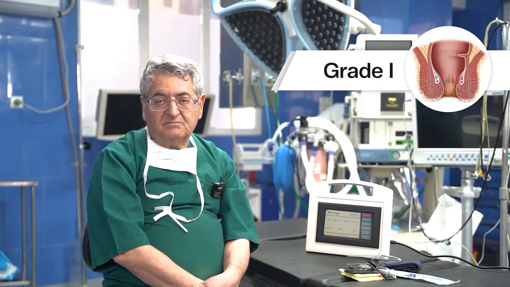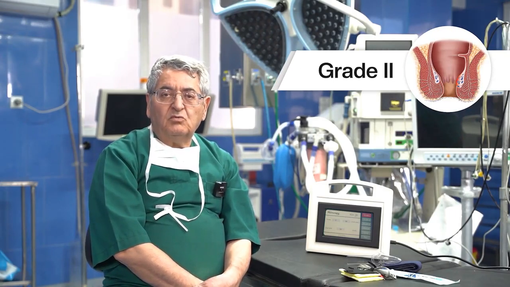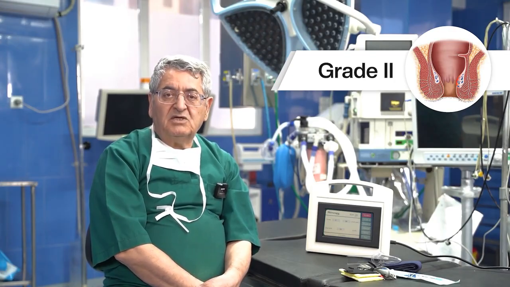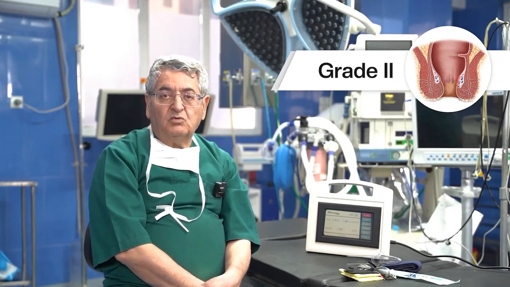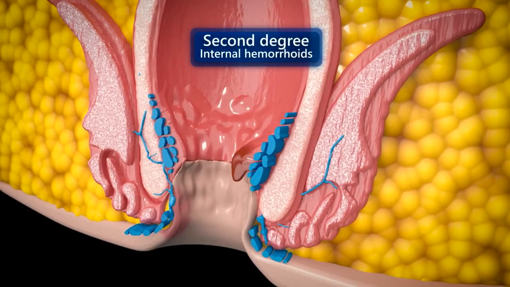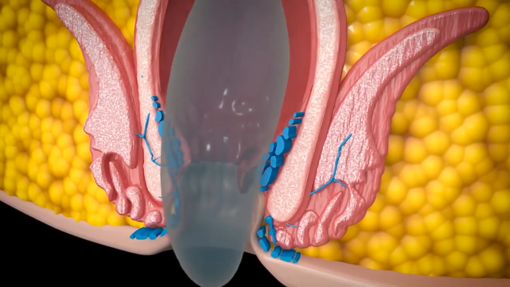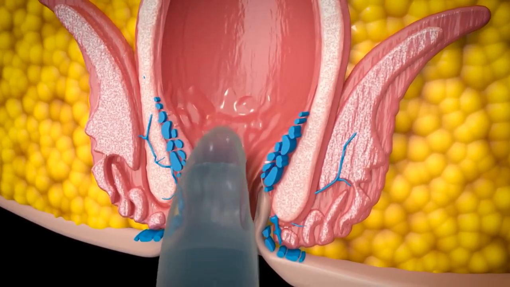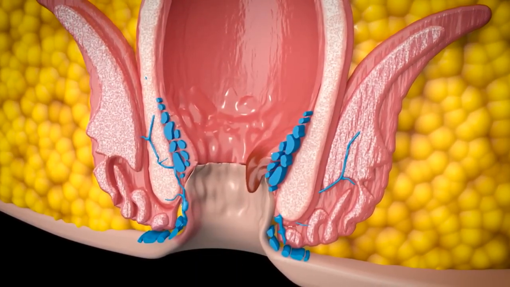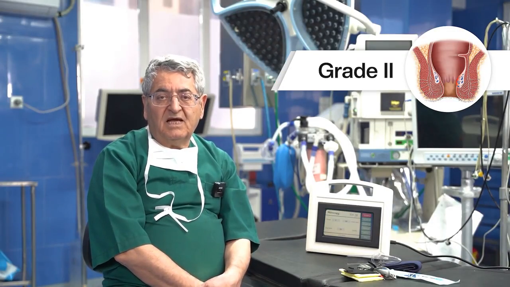to notice. Then, when it reaches grade 2, the swelling becomes large enough that during bowel movements, it protrudes from the anal canal, and the patient notices what is commonly referred to as a lump or a small mass of tissue in the anal area.